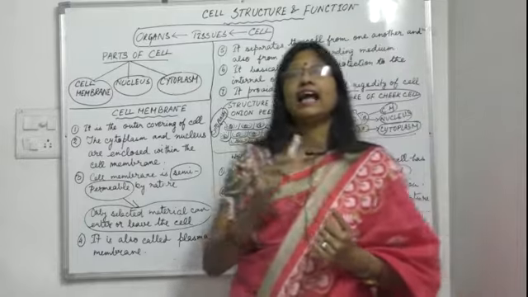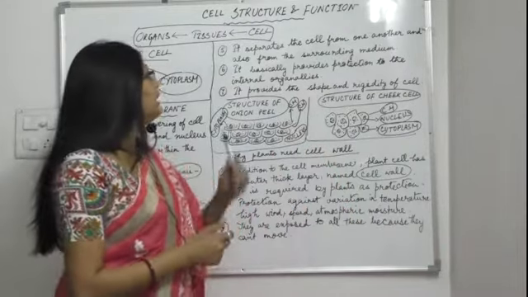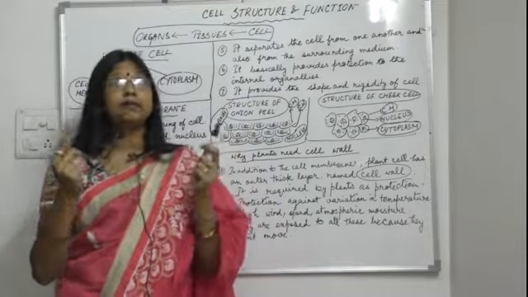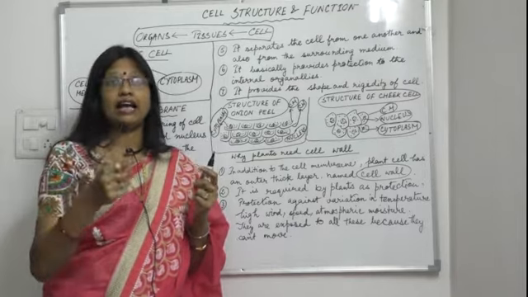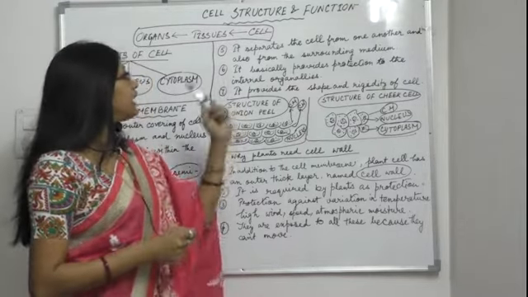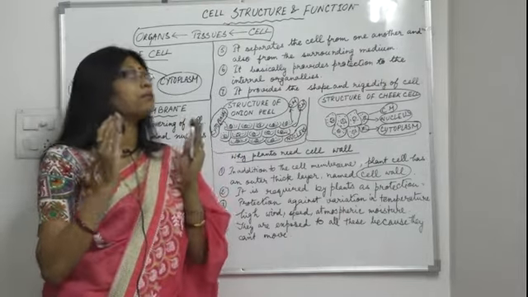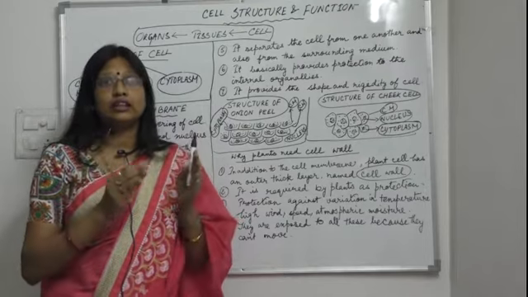Fourth, it has another name, that is plasma membrane. Fifth, it separates the cell from other cells as well as from the surrounding medium. Sixth, it provides protection to all the internal organelles.